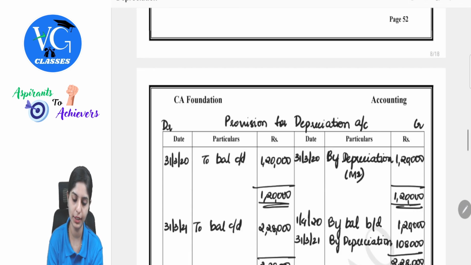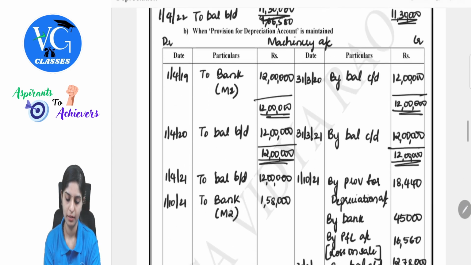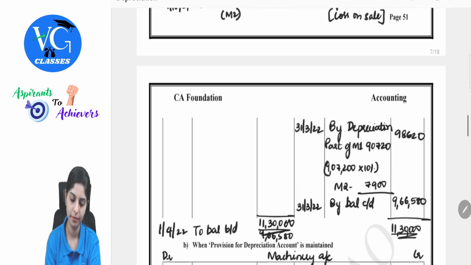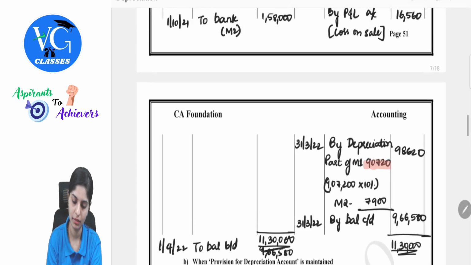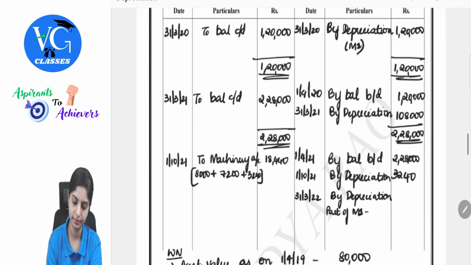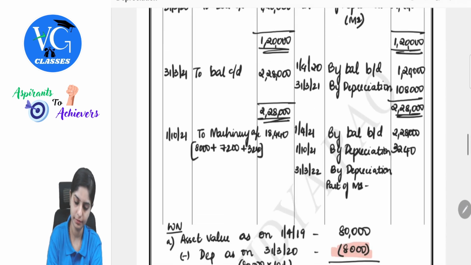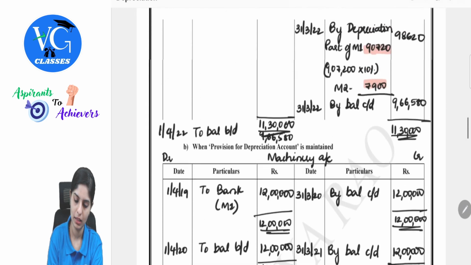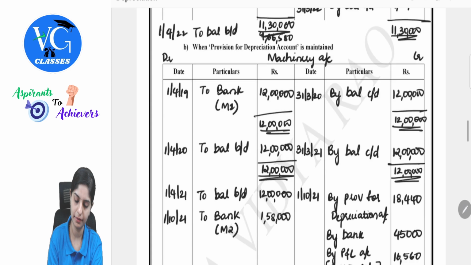This we have already calculated if you remember. See here, 9720 on M2, 7900.